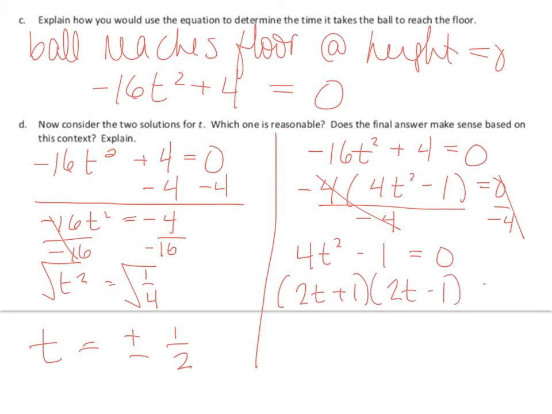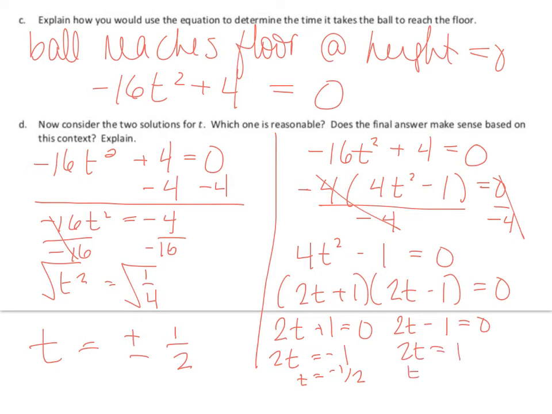That's the a plus b, a minus b that I keep telling you guys about. Now we solve these two binomials by setting them equal to 0. 2t plus 1 equals 0, so t equals negative 1/2. And 2t minus 1 equals 0, 2t equals 1, t equals 1/2. I got the same answer using two different methods.